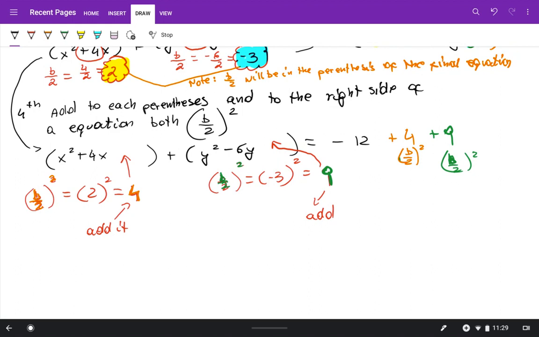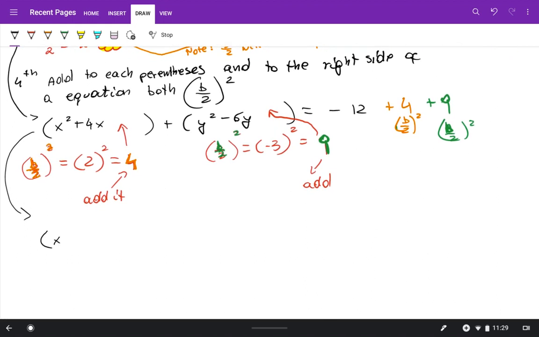So look what happened to our equation. We end up with x squared plus 4x plus 4, plus, in the second parenthesis, y squared minus 6y plus 9, which is b over 2 squared, equal, and here we have negative 12 plus 4 plus 9.